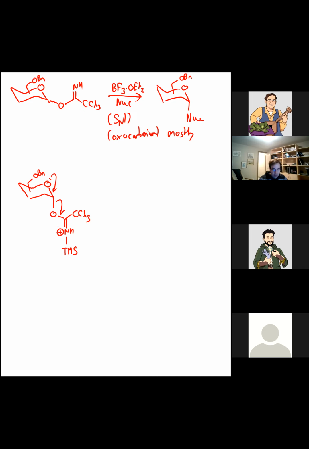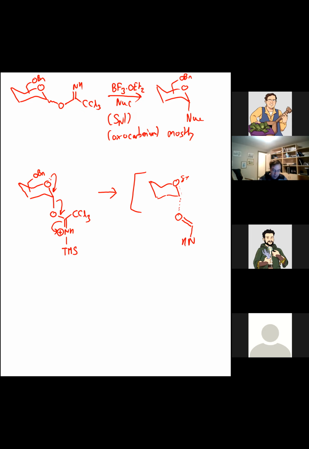I'm going to draw the product if the nucleophile came in, and then I'm just going to draw it as a close ion pair. So it's going to do the SN2, and I think this is probably an accurate way to describe this. I'll draw these as covalent, but they're all kind of dotted.